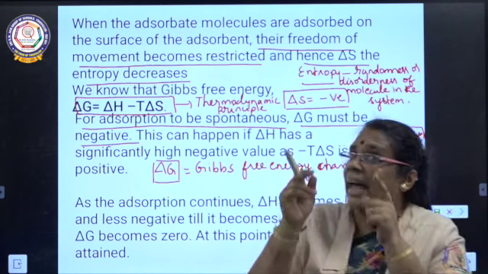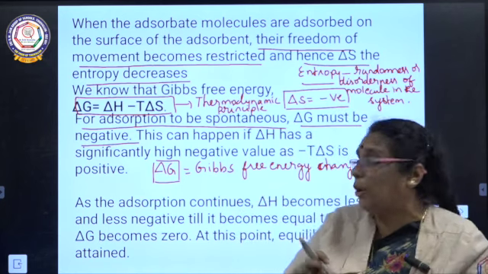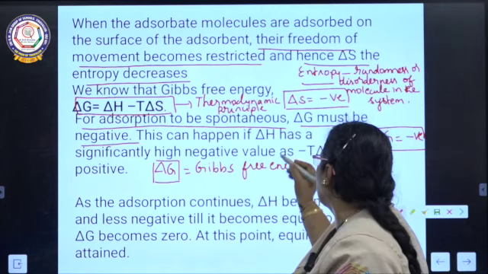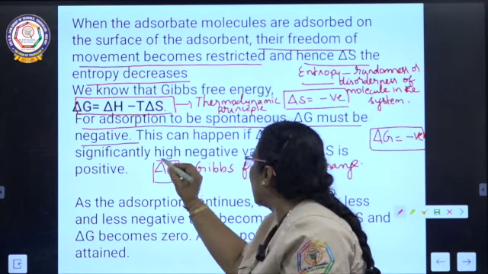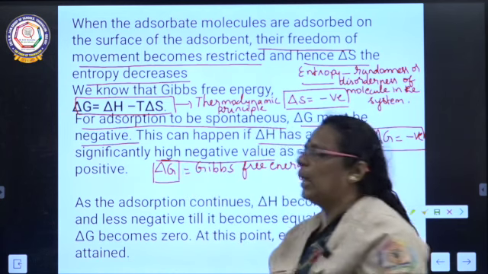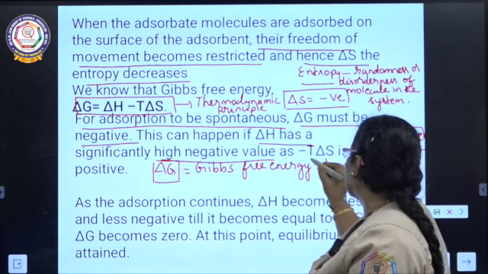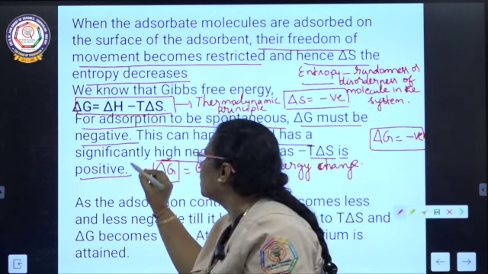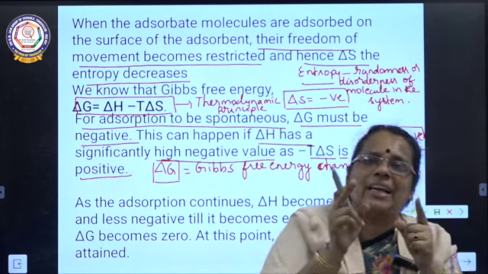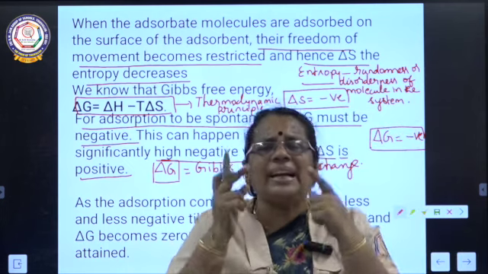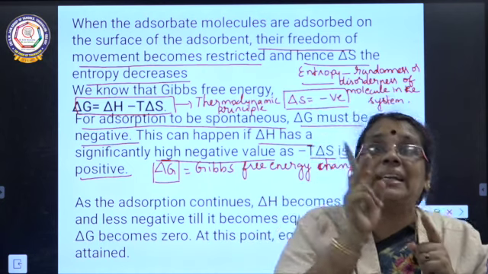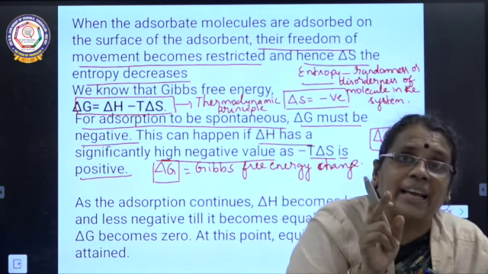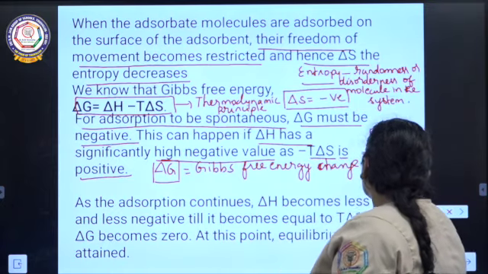This can happen when delta G has a negative value, when delta H has a high negative value. When delta H has a high negative value, what will happen to T delta S? T delta S will become positive. So I want delta G to be negative. When my delta G will be negative, delta H should have a high negative value, and T delta S should be positive.